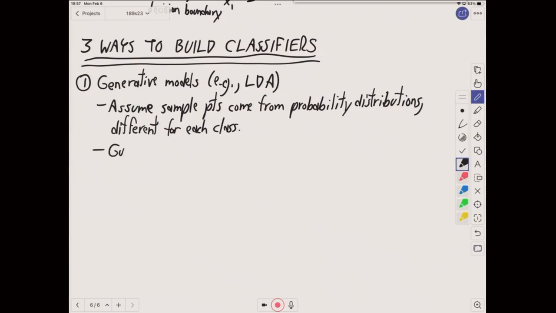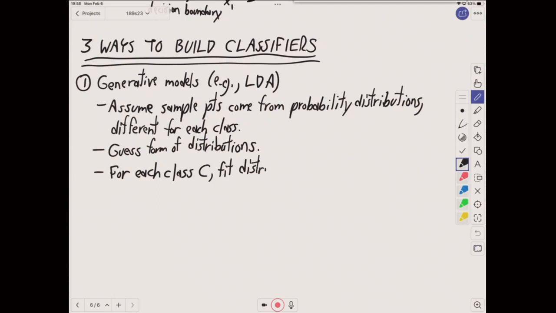We are going to take the data, and from that, we're going to guess the form of the distributions. So what LDA does is it just guesses that they're normal distributions. Once we've established that, we want to figure out the parameters of that distribution, and we do that separately for each different class. So pick one class, like people who have cancer. Take the data you have representing the people with cancer and fit distribution parameters to that class.